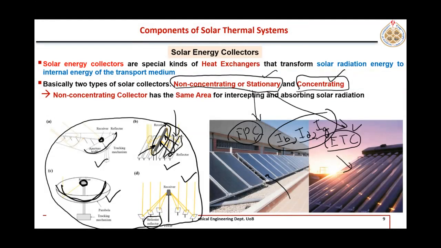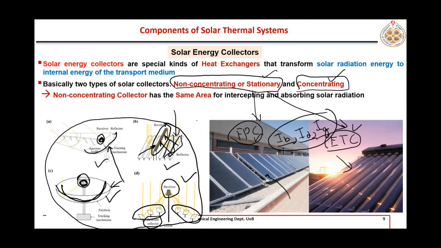So here is the receiver or absorber, and this part is the reflector or aperture. Okay, this one. Same here, these are reflectors or the apertures, and this is the receiver where the solar radiation is made to concentrate.